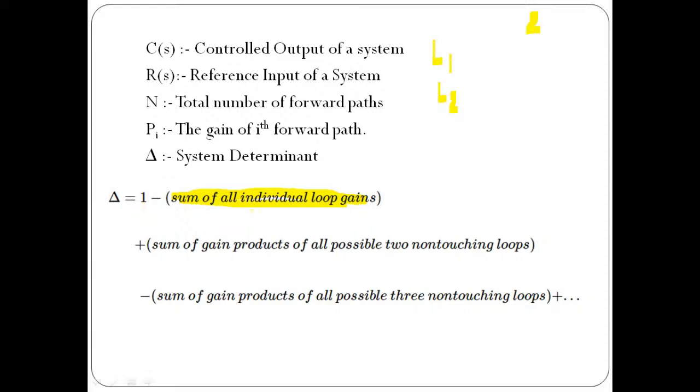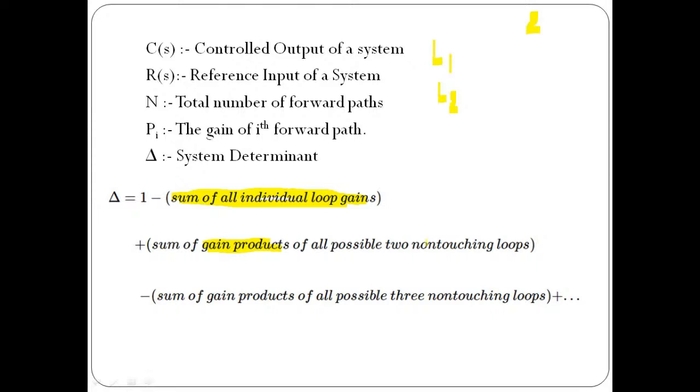So 1 minus summation of all individual loop gain, then we need to take plus summation of gain product. This is very important. Gain product of all possible two non-touching loops. That means in this case we need to identify, if we have two loops, whether they are touching or non-touching.